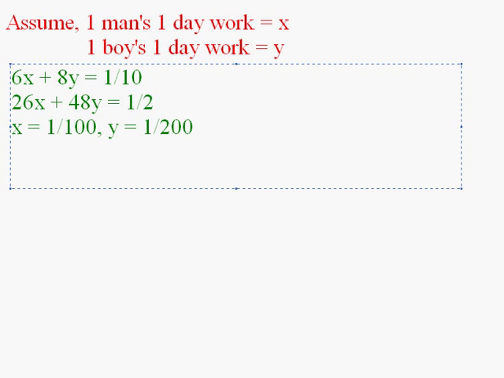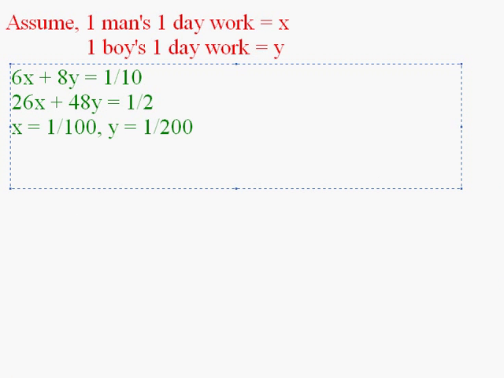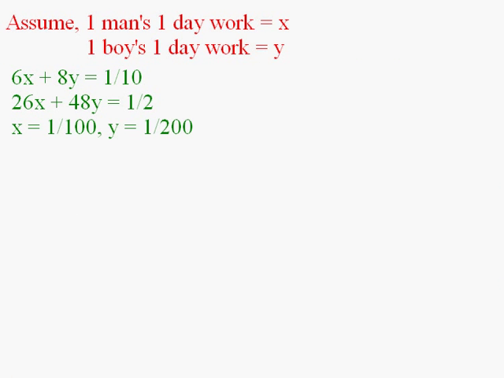Now read the question. What we need to find out? We need to find the time taken by 15 men and 20 boys in doing the same type of work. So we need to find the number of days when these many men and boys are working.